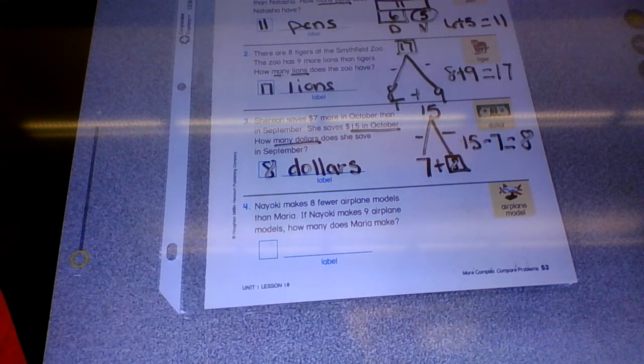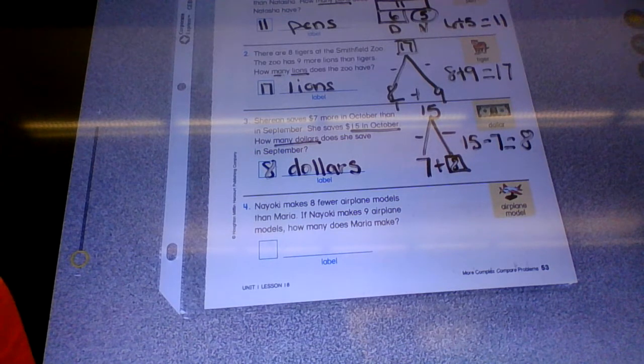All right, number 4. Naoki makes 8 fewer airplane models than Maria. If Naoki makes 9 airplane models, how many does Maria make? This one's a tricky one. I'm going to read that again. Naoki makes 8 fewer airplane models than Maria.